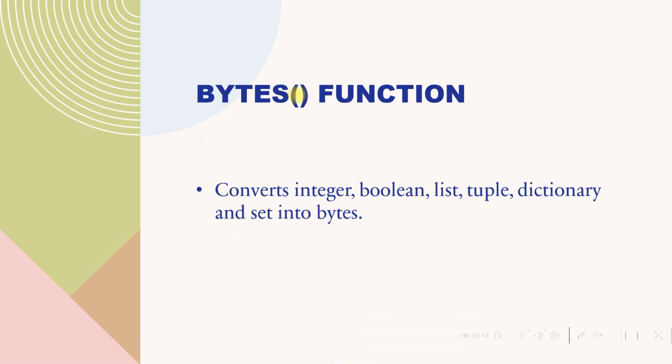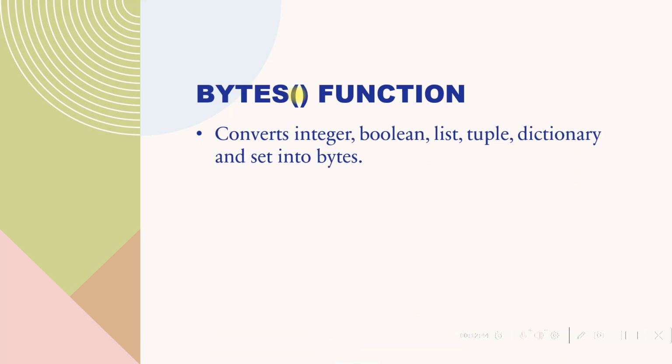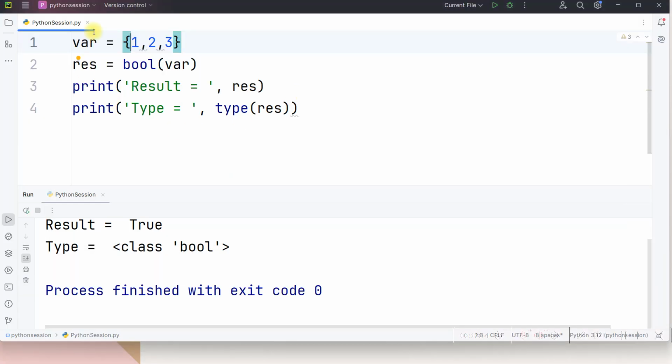Now the next function is the bytes function. It converts integer, boolean, list, tuple, dictionary and set into bytes. Now let's see how we can use this function. First of all, let's say I have a variable defined as var equals 10, and I want to convert it into bytes.